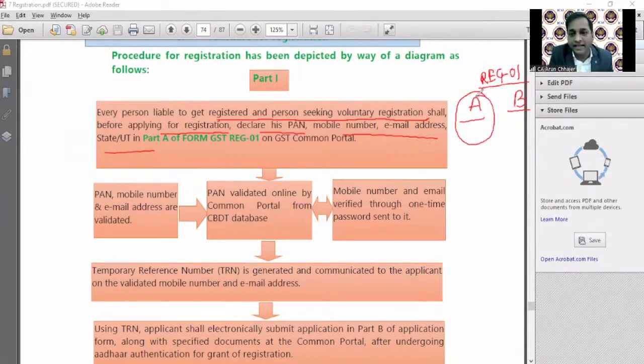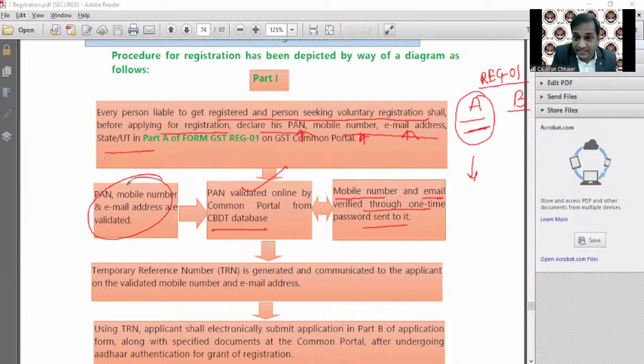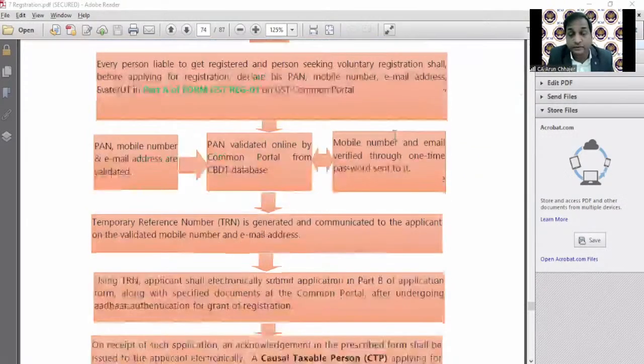In part A, I have to put the mobile number, email ID, PAN number, and the legal name appearing in the PAN. Once I submit part A, the PAN would be validated from the CBDT database, and the mobile number and email ID would be verified through a one-time password. Once everything is validated, the TRN would be generated.